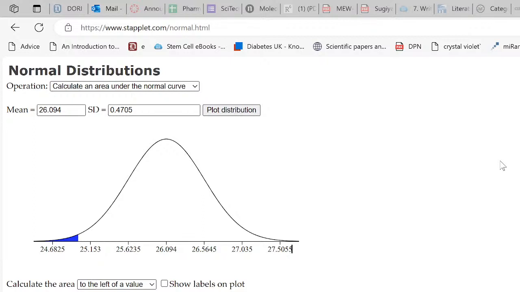Same with this one, on the variance of the difference between two sample means. So that's going to be the first variance plus the second variance. All I did was square each of those.